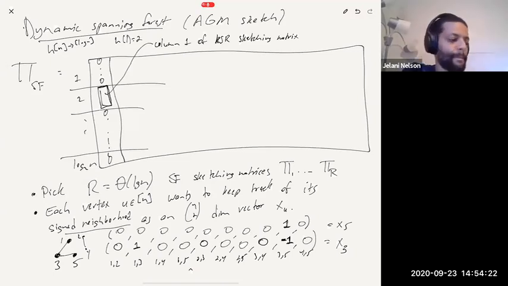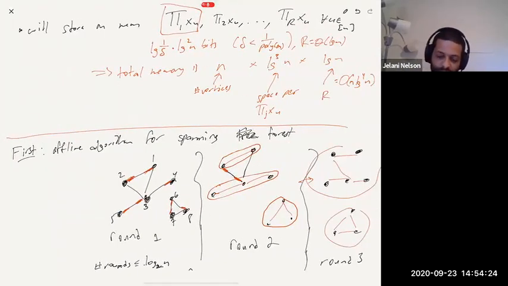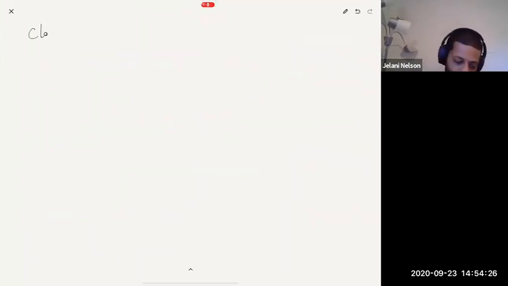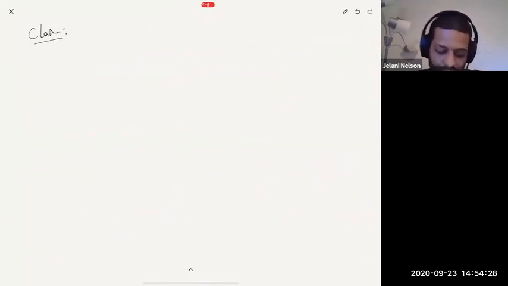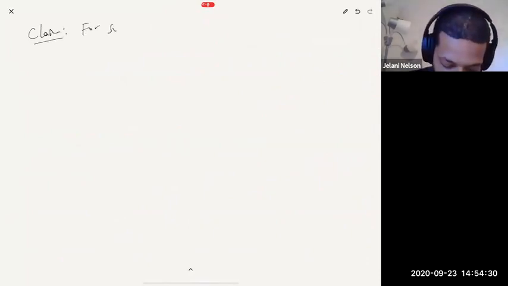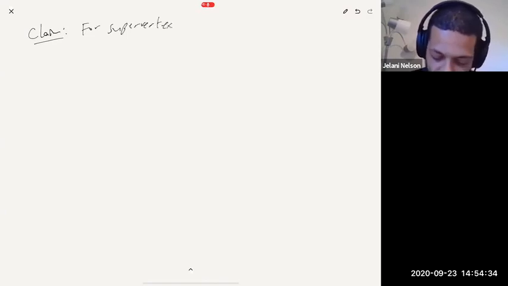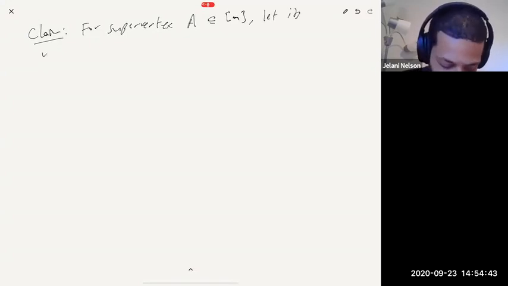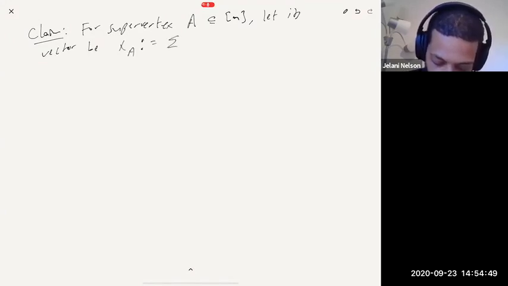Okay. So the claim is that a super vertex is just a set of vertices that got merged. So let's call it A, which is some subset of the vertices. Let its vector be xA, which is defined to be the sum over all u in A of xu.